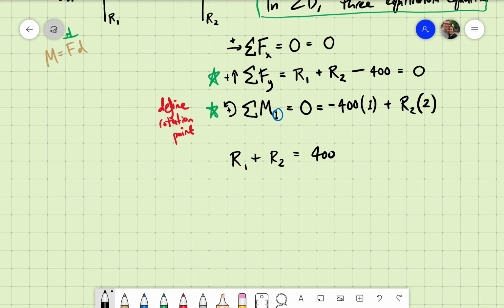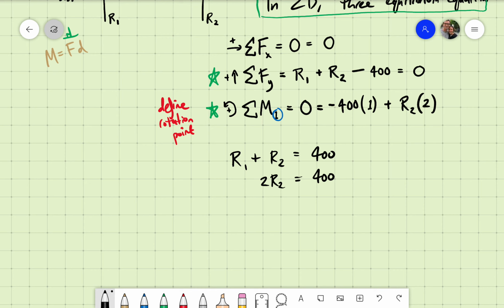And over here, if I rearrange things a little bit, I will get 2 times R2 equals 400. Same deal. I added 400 to both sides and just switched the left and right hand side, and I put the 2 in front of the R2. No great changes, but I hope you can see where this is going.